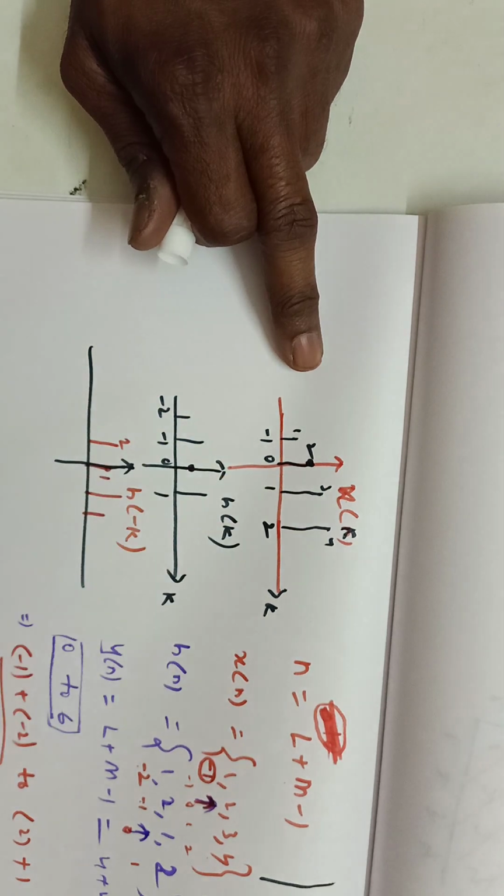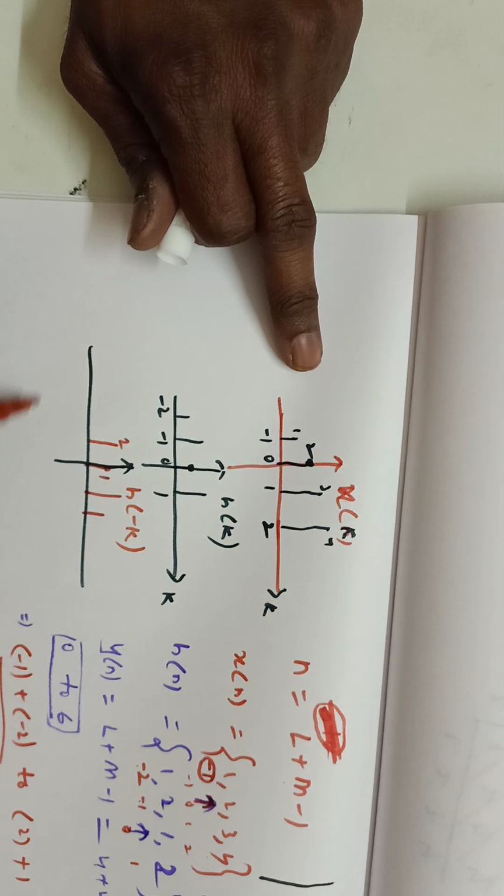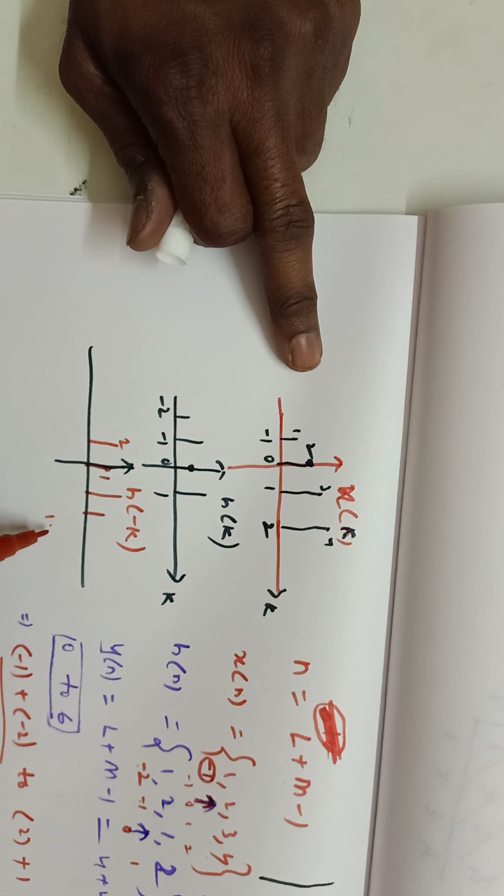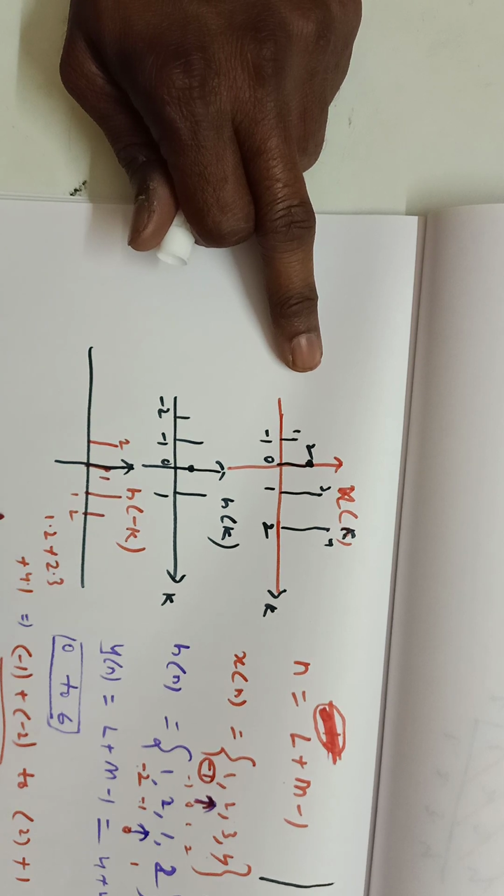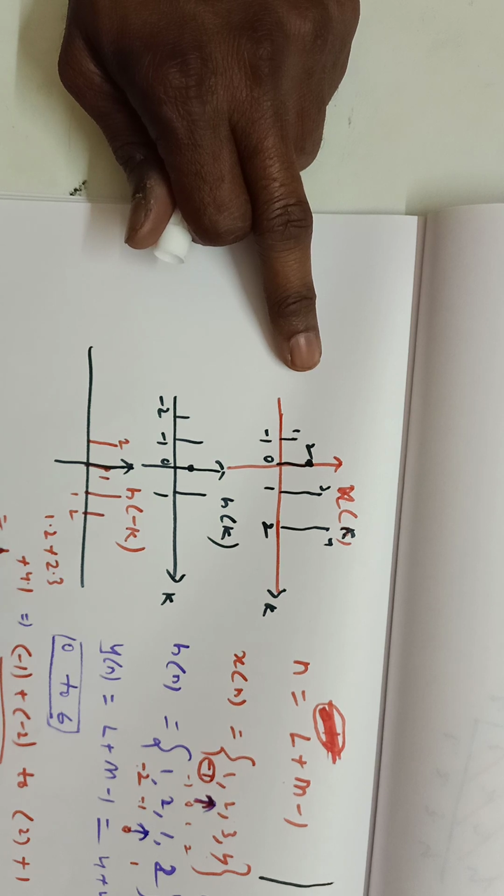This will be multiplied with x of k to get y of 0. So y of 0 is 1 into 2, 2, plus 2 into 3, plus 4 into 1. That is 4 plus 6, 10, plus 2, 12. This is y of 0.